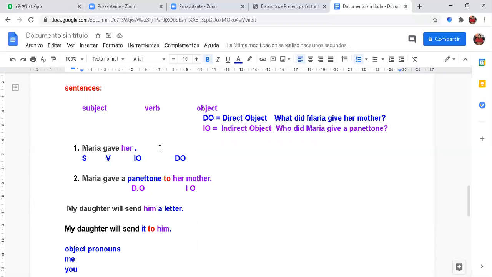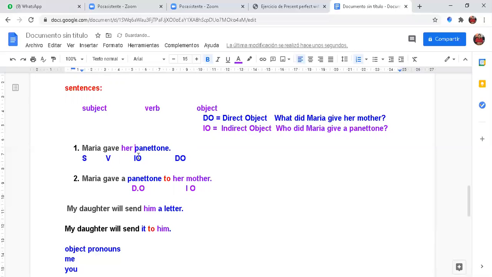Maria gave her it. No. It's not possible to replace both when the indirect object is first.